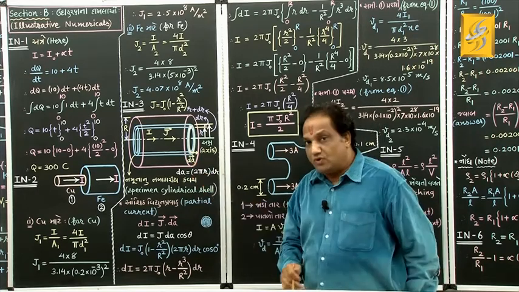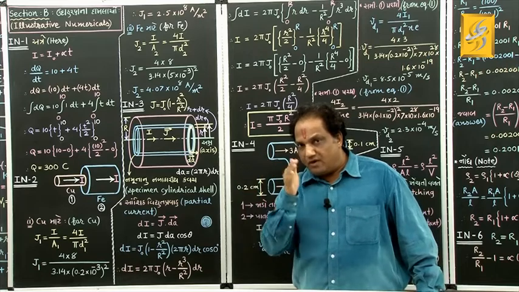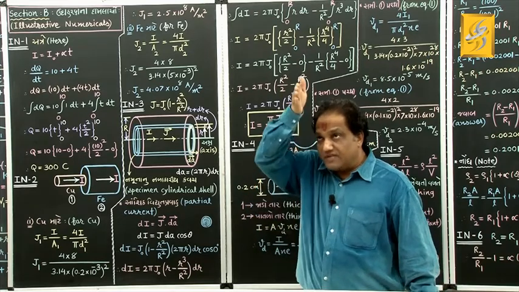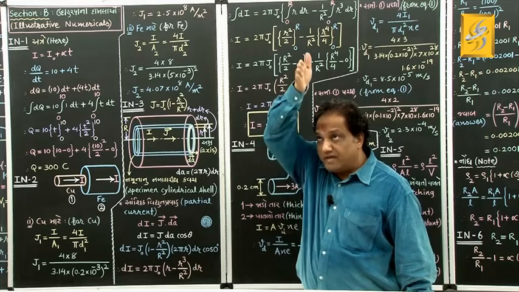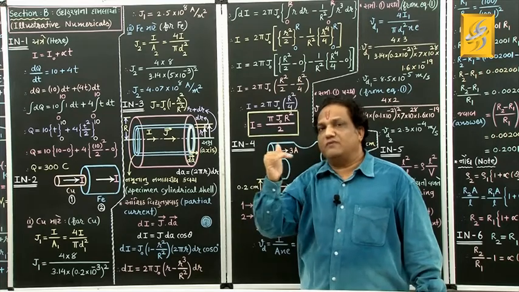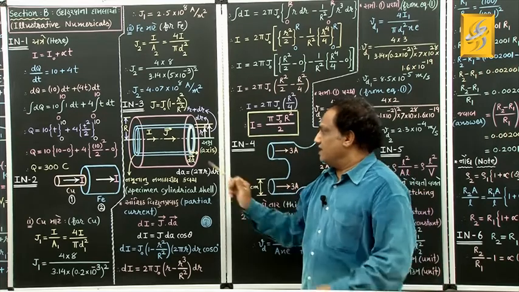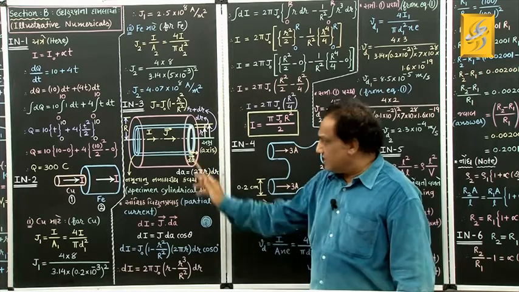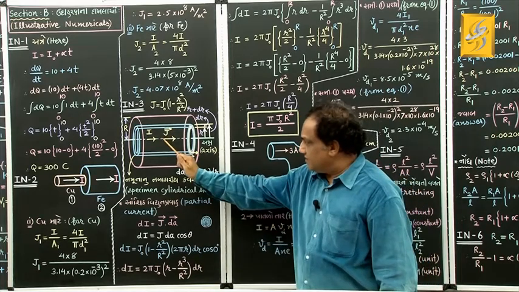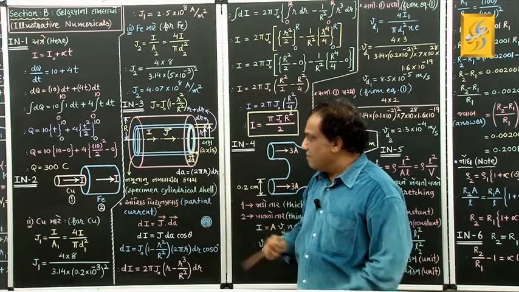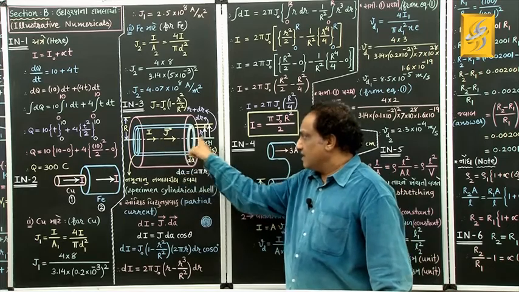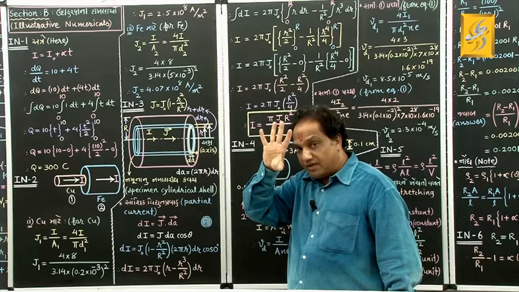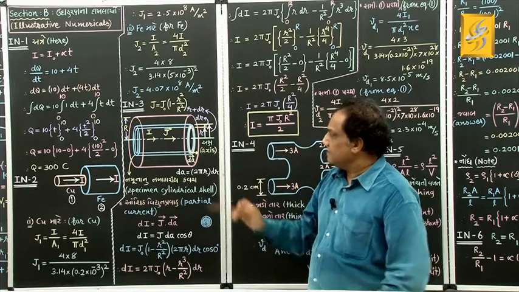That area vector is to be drawn always perpendicular to the plane of the surface element. The surface element has a vertical plane, and perpendicular to that is horizontal, so vector dA is like this, horizontal. You can see in the diagram that vector J and vector dA both point in the same direction, and when they point in the same direction, the angle between them will be 0 degrees.